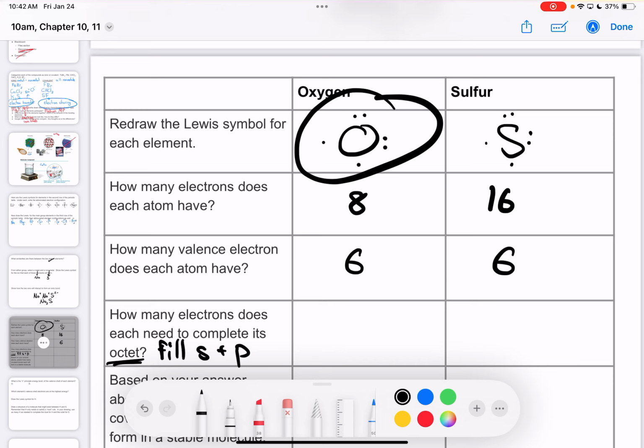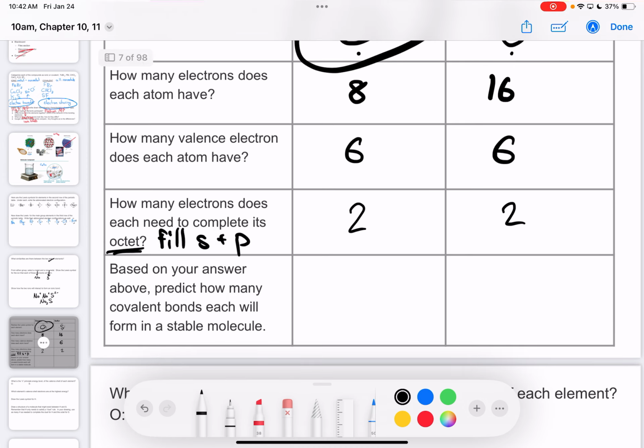We have 2 open spots to fill in those S and P. We call this the octet rule. It's more of a guideline than a rule, but it's pretty good. So we have 2 open spots to fill in to get that 8. The 8 comes from filling the S and the P. So each one of them would need 2 additional electrons or form 2 covalent bonds to make it stable.